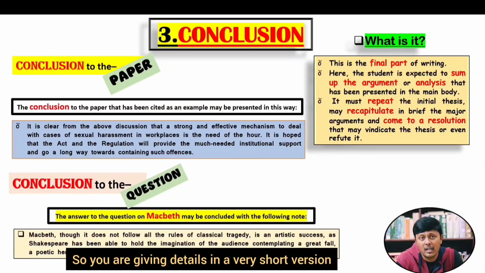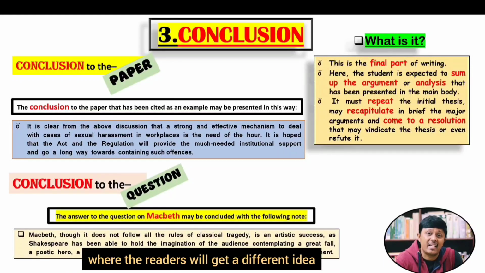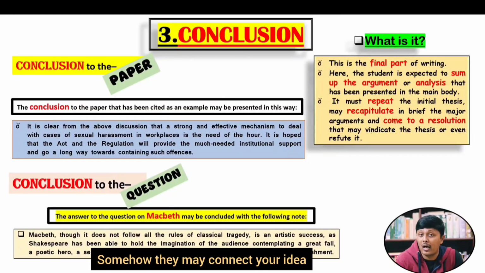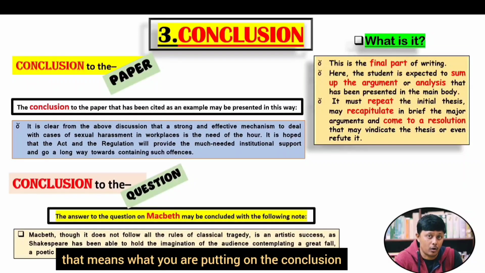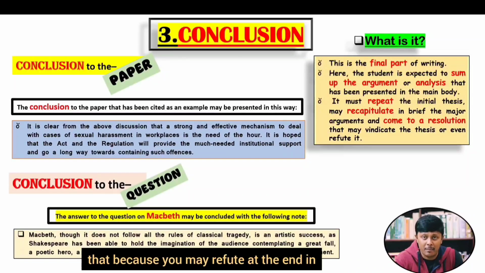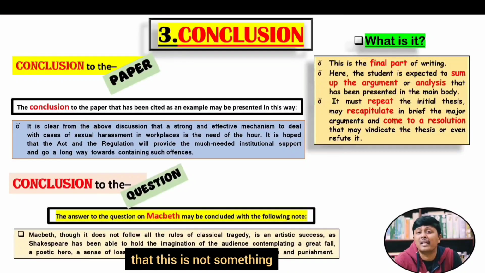So you are giving details in a very short version. You are creating an impression where the readers will get a different idea. Somehow they may connect your idea, that means what you are putting in the conclusion, with the main answer, or may not find that at all. Because you may refute at the end in the conclusion part that this is not something that I want to propose to you.